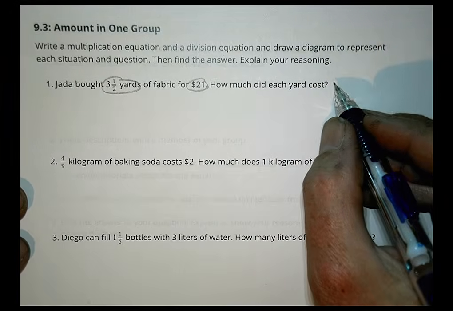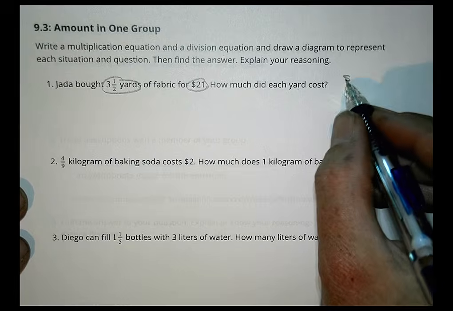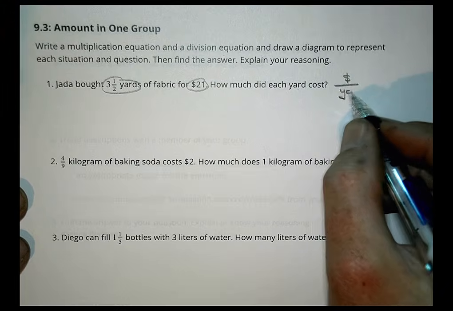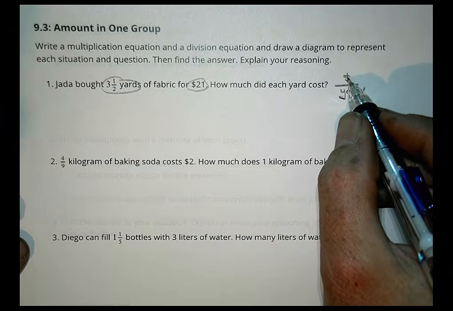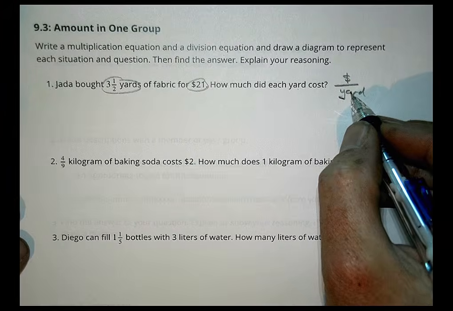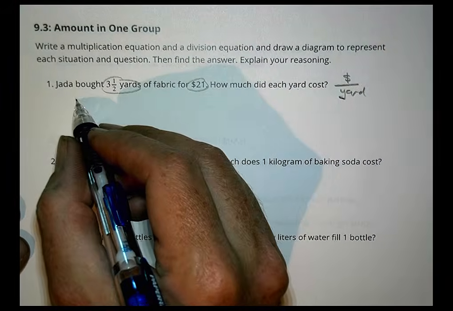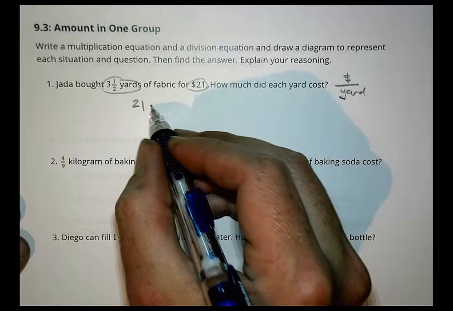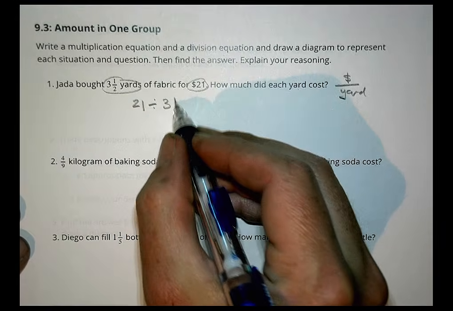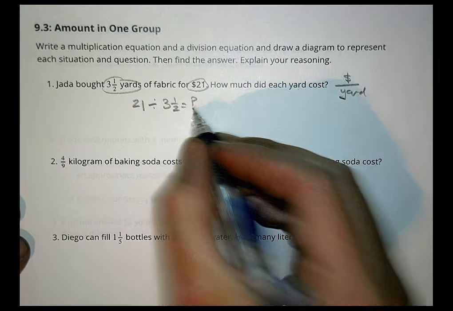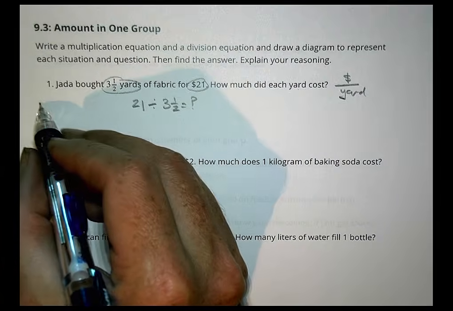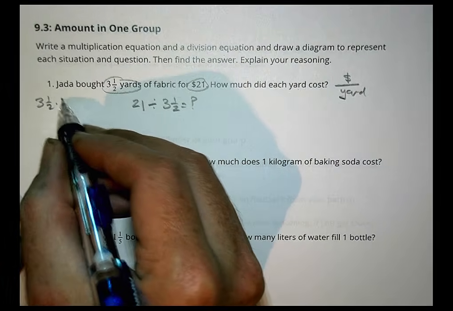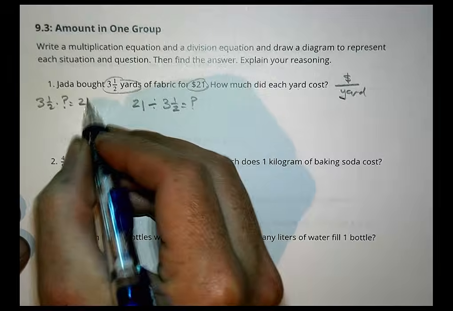So we're looking for the cost for 1 yard. So we're looking at money divided by the yards. So in our case, we're talking about $21 divided by 3.5 for the division problem. The multiplication problem could be 3.5 times some amount would equal 21.